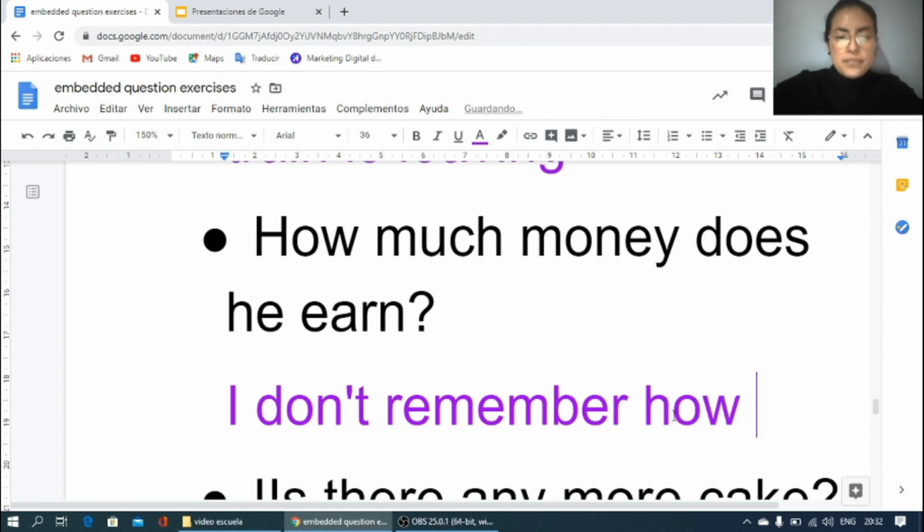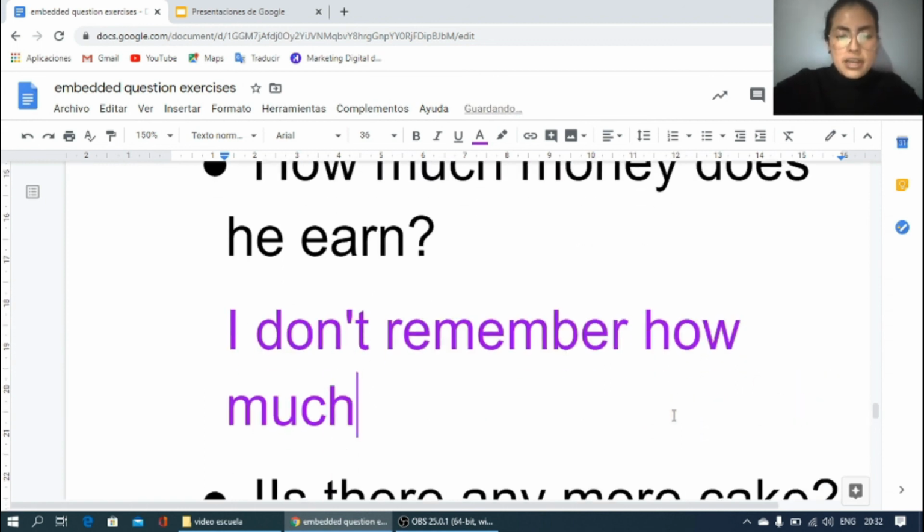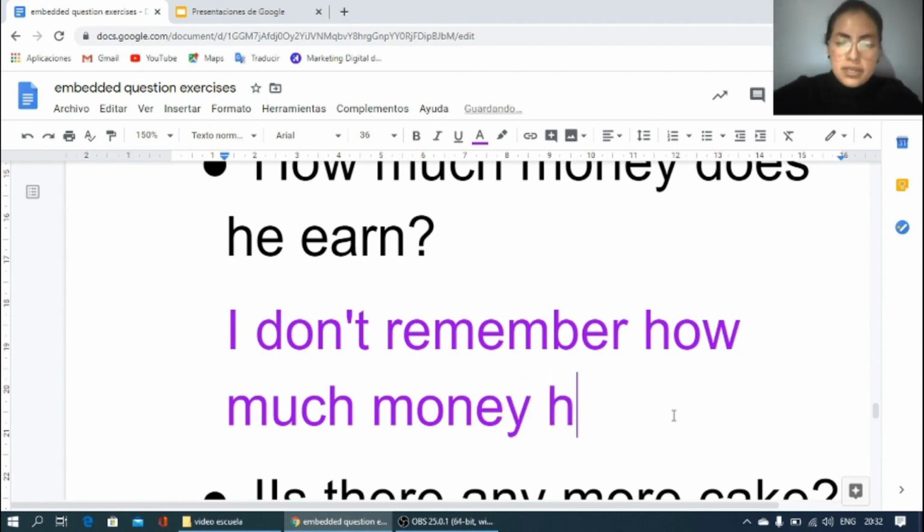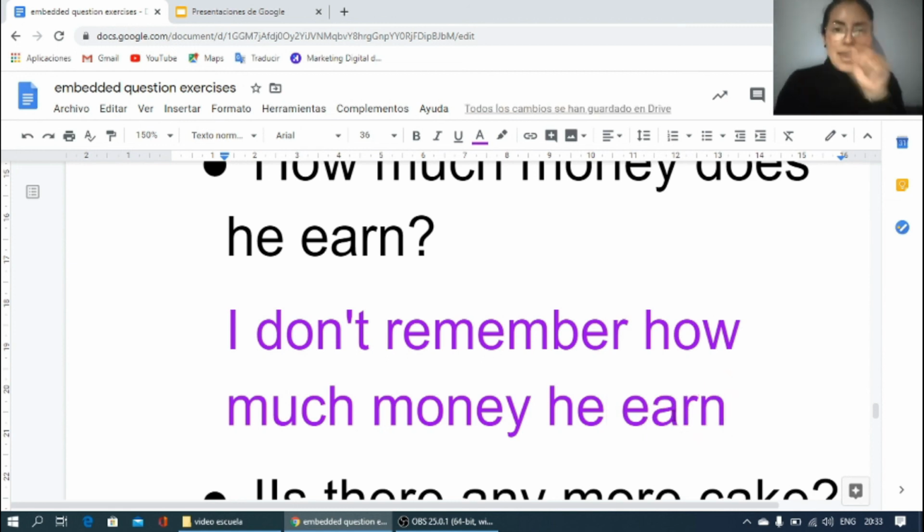How much money, and the subject he, earn, but in this case you have to put the s in the verb because in present simple in the third person he, she and it, you have to put s in the verb.